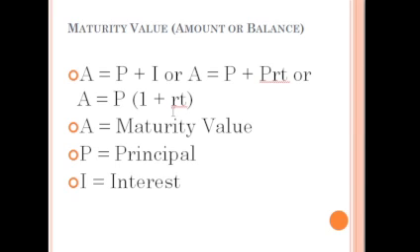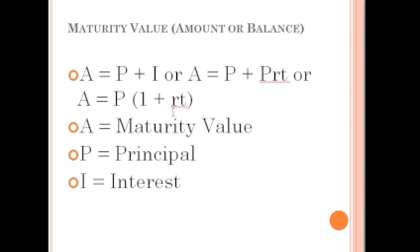Now we will go to the maturity value, or the amount or balance. A is equal to P plus I, or A is equal to P plus PRT, or A is equal to P times 1 plus RT. So these three formulas here are the same. As we know, I is equal to PRT, and for the last formula, you simplify A is equal to P plus PRT.